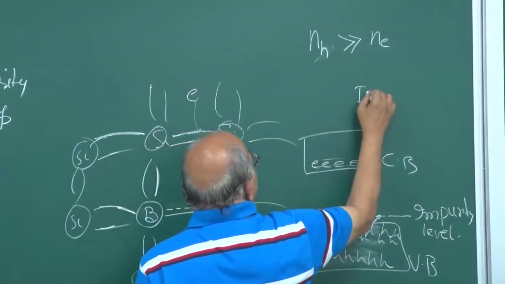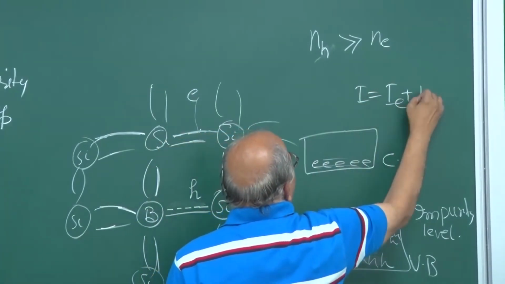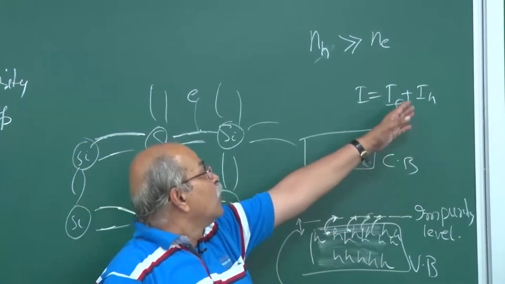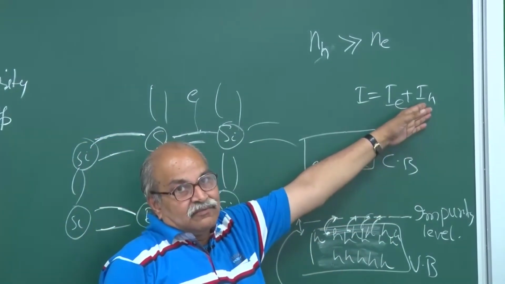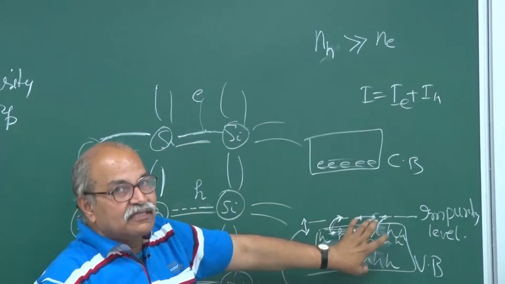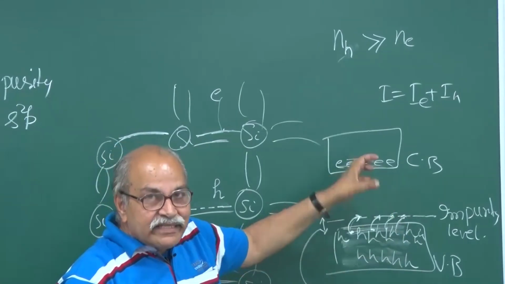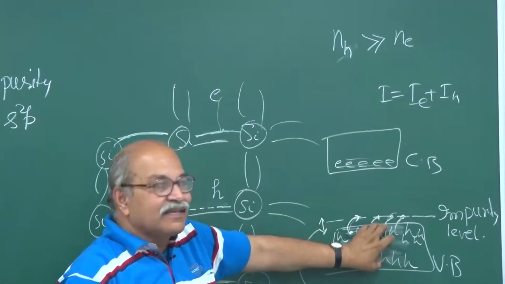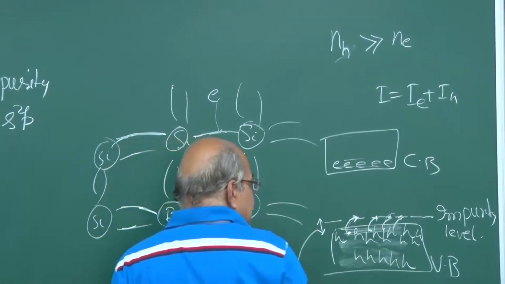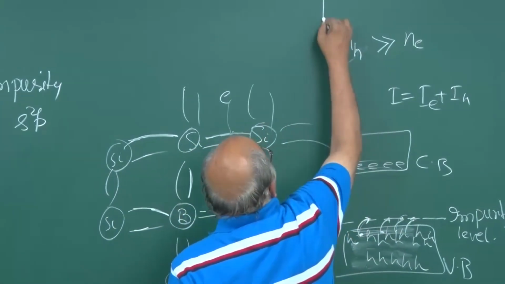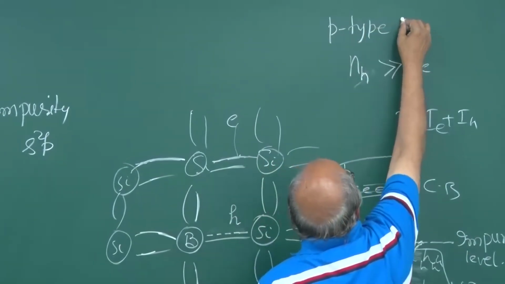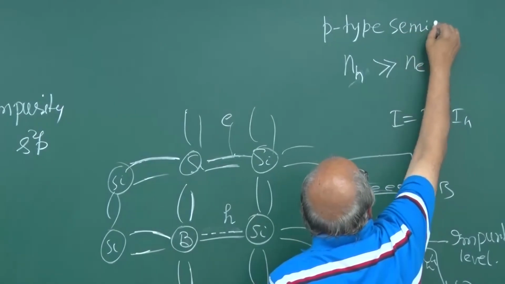In the current, I equals IE plus IH, most of the contribution comes from holes because the number of holes is much larger. This is like positive charge carriers if you talk in terms of holes, and therefore these types of semiconductors are known as p-type semiconductors, positive type.